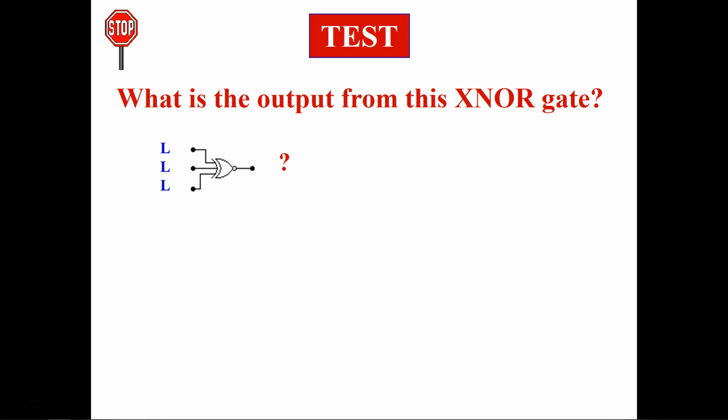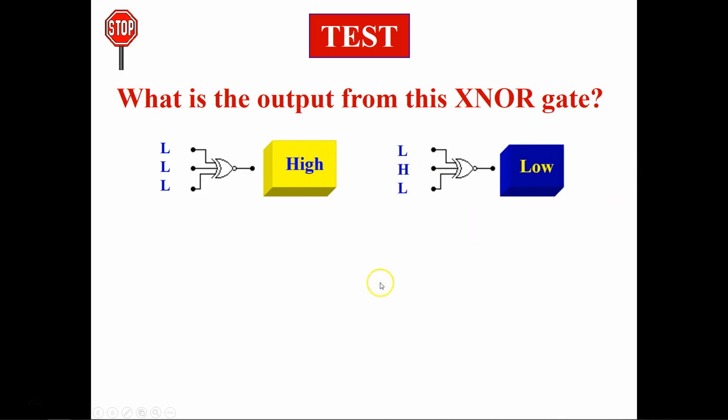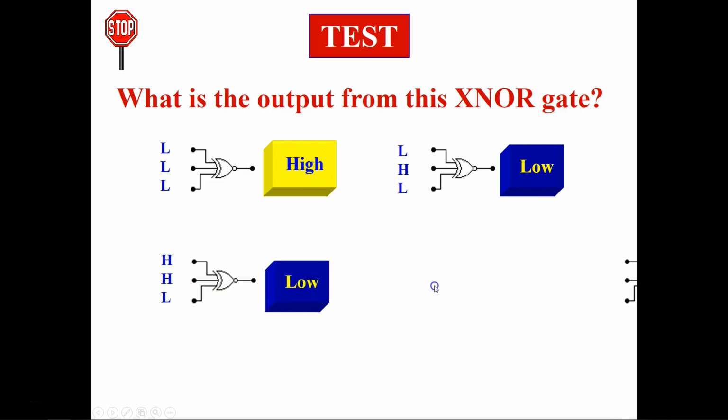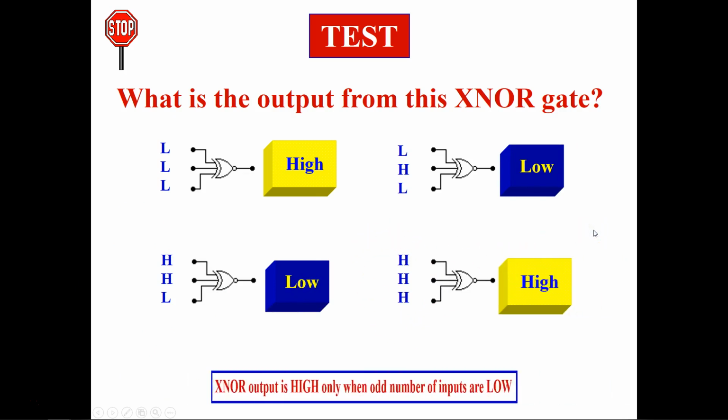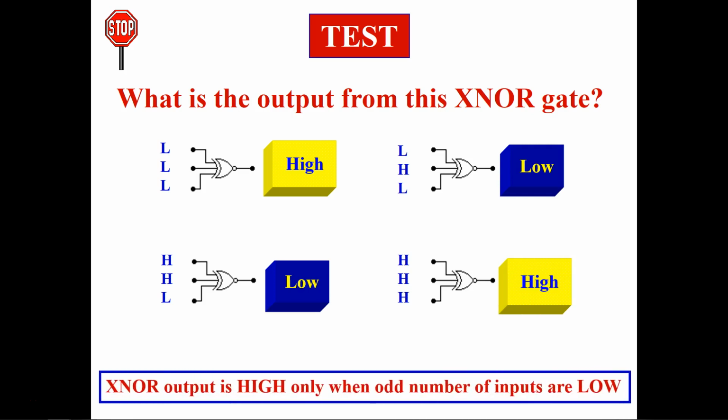So here inputs are the same, so output is going to be high, and here inputs are different, so output is going to be low. Inputs are different, again output is going to be low. Inputs are the same, so output is going to be high. So the XNOR output is high only when an odd number of inputs are low.